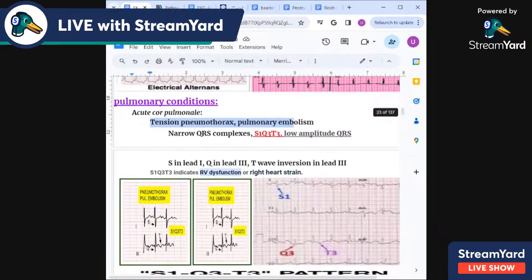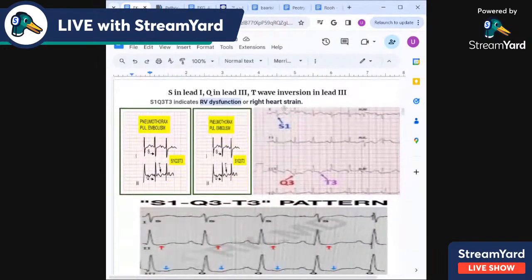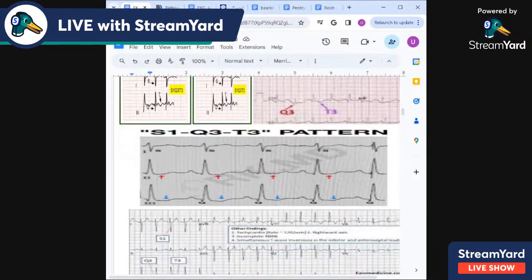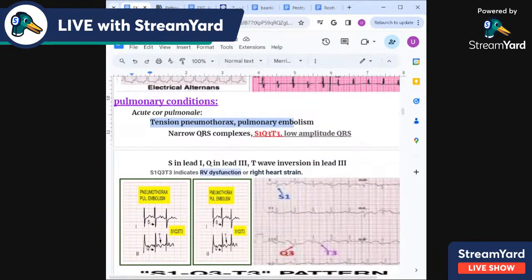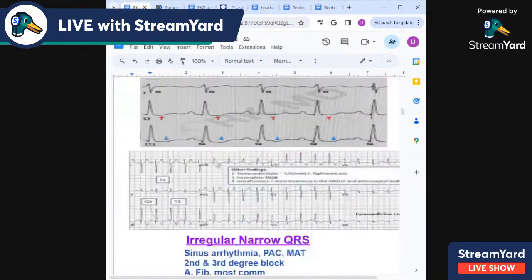The EKG feature in acute pulmonary conditions is S1Q3T3: an S wave in lead 1, a Q wave in lead 3, and an inverted T wave in lead 3. So it's the S1Q3T3 pattern in acute pulmonary conditions, that is, tension pneumothorax and pulmonary embolism.